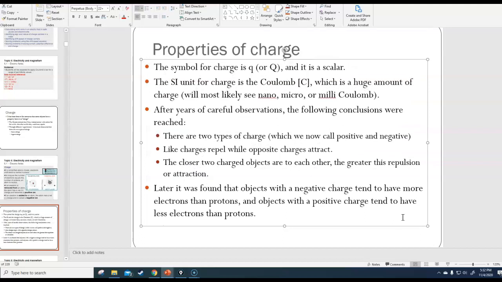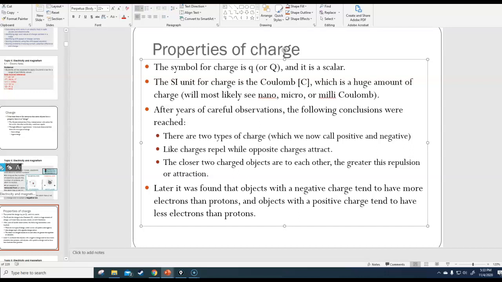Okay, so first of all, the symbol for charge is typically written as a lowercase q, although you can write it as an uppercase Q, it doesn't really matter. Charge is a scalar. And the SI unit for charge is named after a French physicist who did a lot of experiments with electricity, and his name was Coulomb.